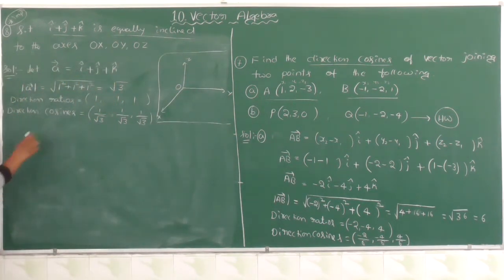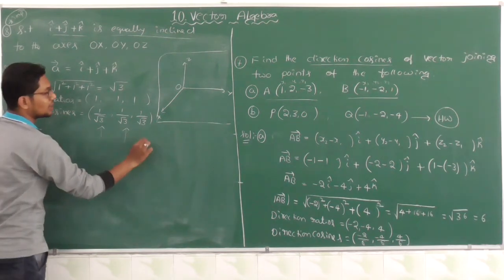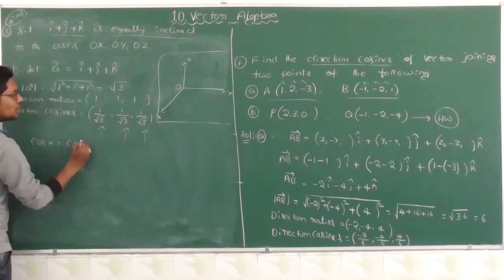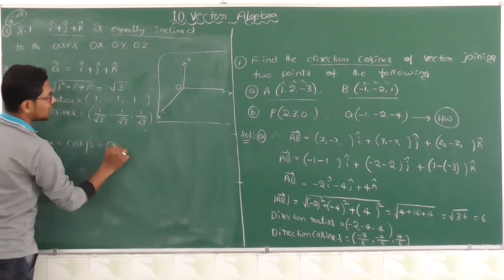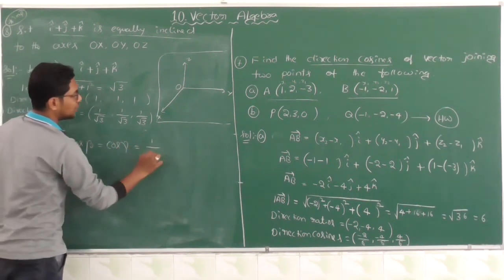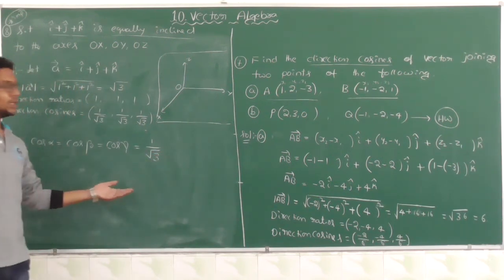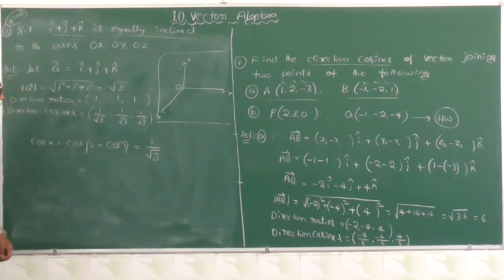Okay, direction cosines. That is cos alpha, cos beta, cos gamma. Therefore, cos alpha equals cos beta equals cos gamma equals what? Direction cosines are 1 by root 3. Angle will be cos inverse of 1 by root 3.